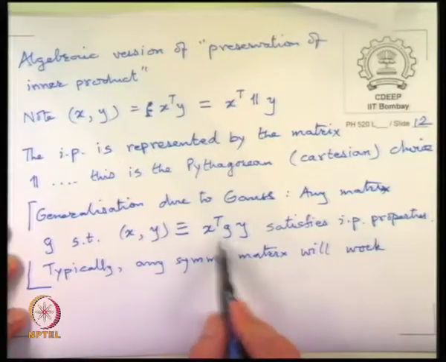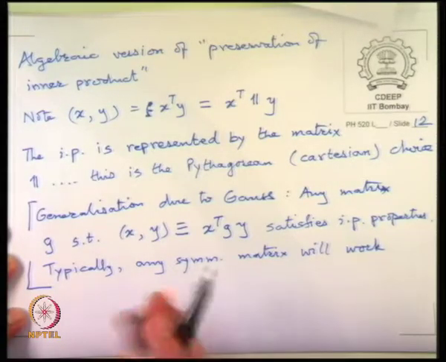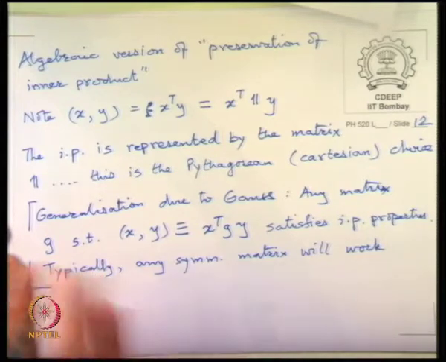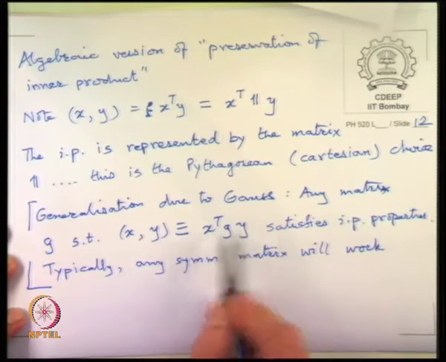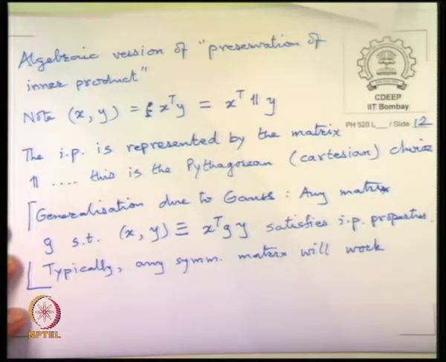Why it is a tensor is a different story. But what we want to point out is that the inner product only needs some matrix G which is symmetric and such that x transpose G x will remain positive definite. Those requirements are all it needs. Typically all symmetric matrices will satisfy this, and if you want, ultimately you can make them determinant 1 symmetric matrices.